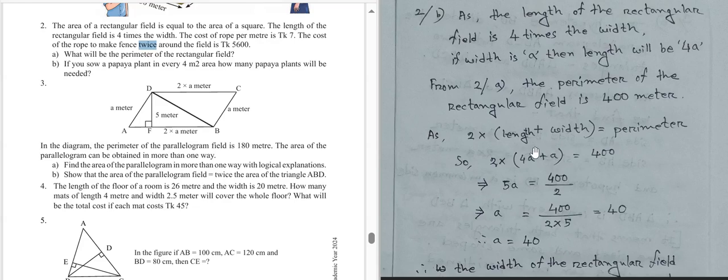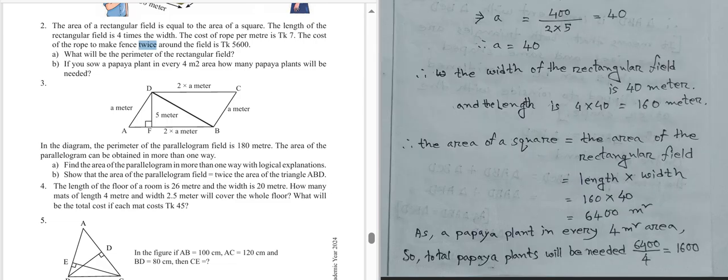We know the formula of the perimeter of a rectangular field is 2 into (length plus width). So after calculating that, we find the value of a is 40. So the width of the rectangular field is 40 meter and the length is 4 into 40 equal 160 meter.